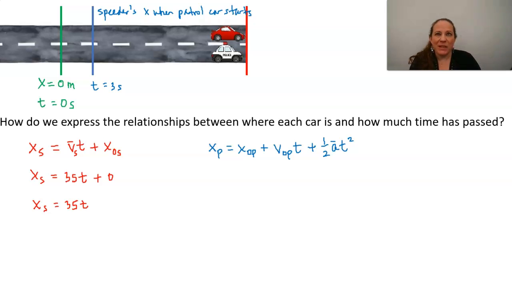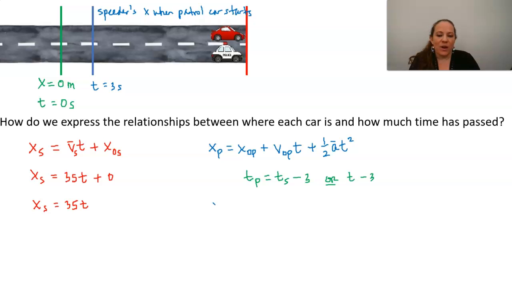That might not be the best way to describe it, but the key thing here is that our time for the patrol car is going to be the time for the speeder minus 3 seconds. We just used t to mean the speeder's time, so we're going to have to take away 3 seconds in our expression here.